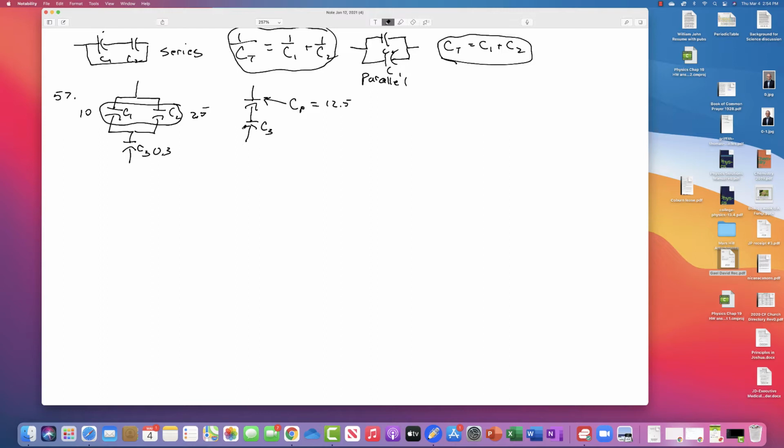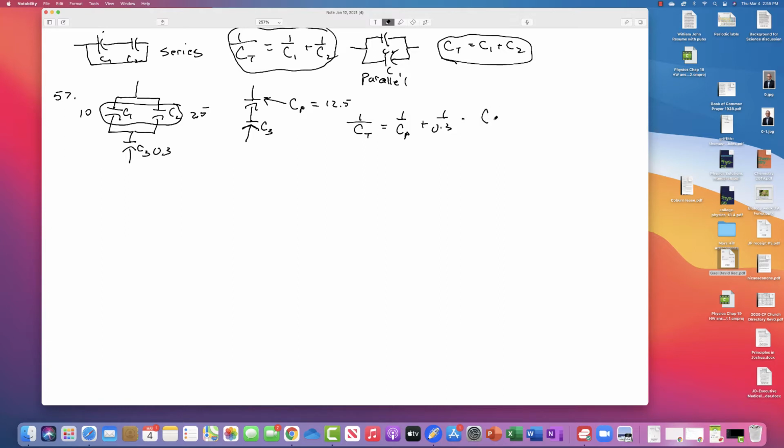So the total equivalent is, the 1 over that, these two are now in series, so they're in this formula. So it's 1 over Cp that you just calculated plus 1 over 0.3.